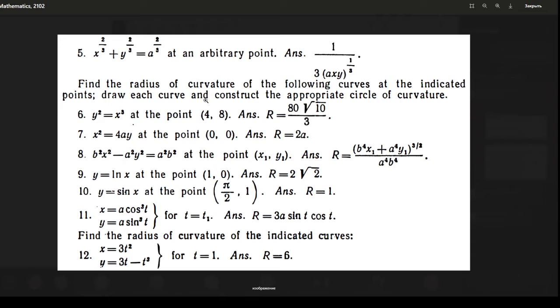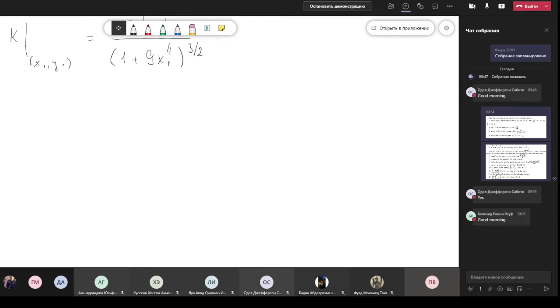Oh, sorry. It's number 5. x with power 2 over 3 plus y power 2 over 3 equals, what is equals?